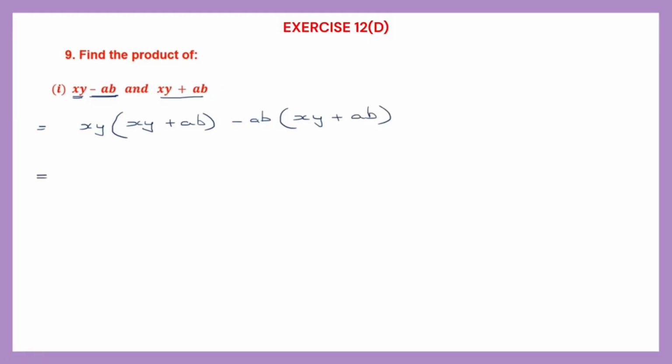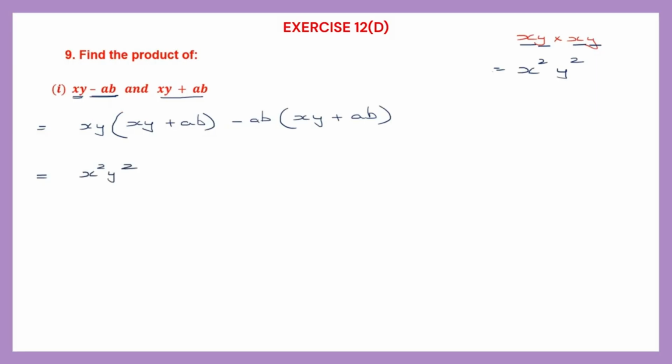So here let's begin. Here we multiply xy into xy. So here we have one x and one more x, so that becomes x to the power of 2, 1y and 1y, y to the power of 2. So this is x square y square. So we finished with the first one.